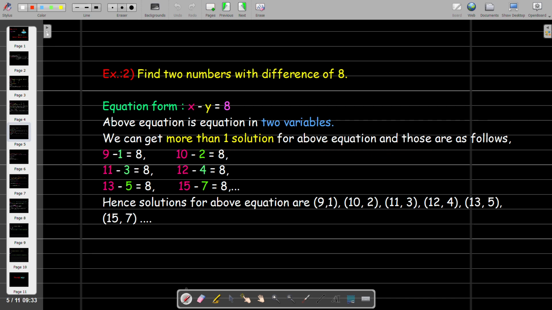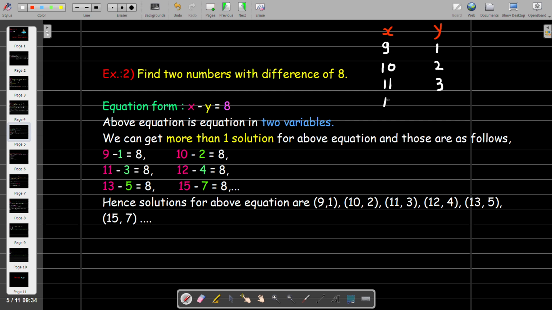Those are as follows. Similarly, if we take the value of x is equal to 9, then we will get the value of y is equal to 1. If we take the value of x is equal to 10, then 10 minus 2 is equal to how much? 8. Therefore the value of y is equal to 2. If you take the value of x is equal to 11, then we will get the value of y is equal to 3. 11 minus 3 is equal to how much? 8.